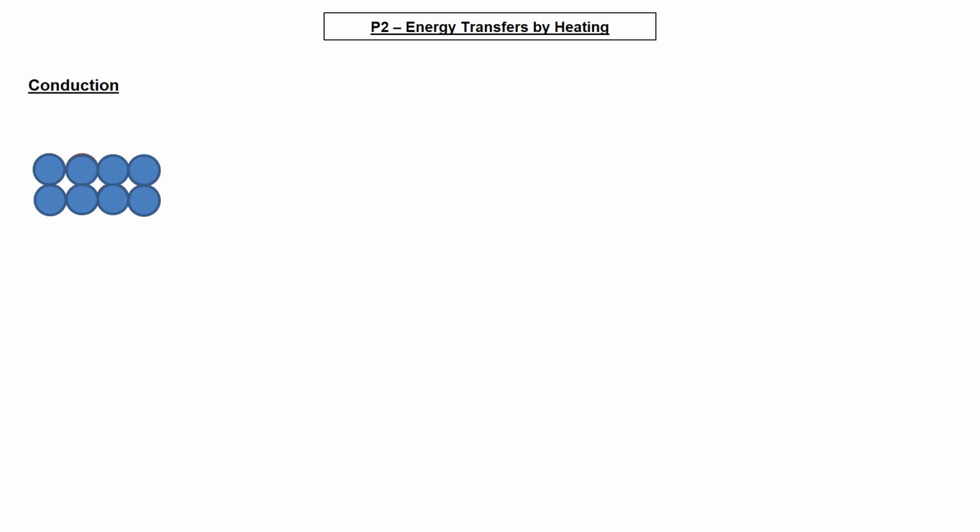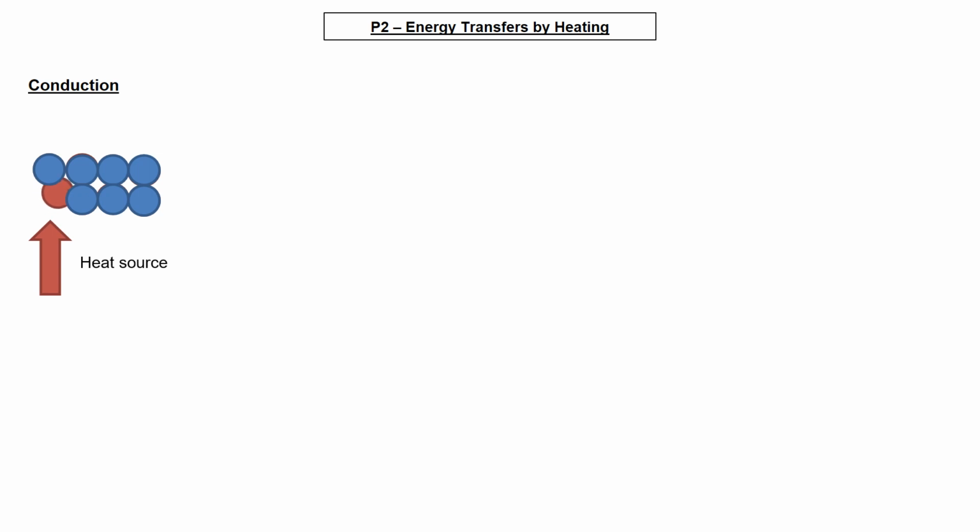If we have, as we can see on the left-hand side, a solid, a metal for example, metal ions all arranged in this regular shape, a lattice, a crystalline structure, everything regular. If we apply a heat source to that bottom left-hand atom, that atom's energy store will increase.